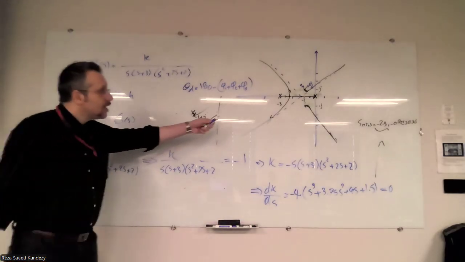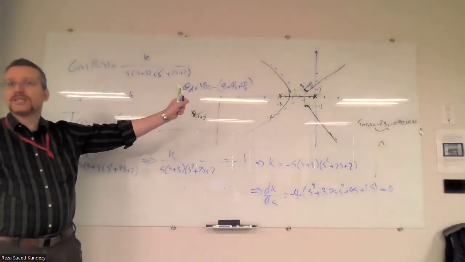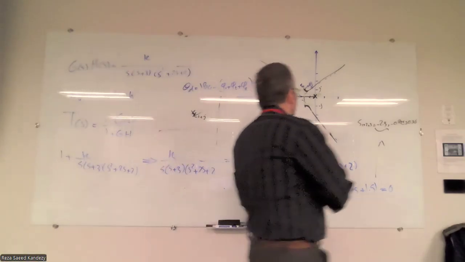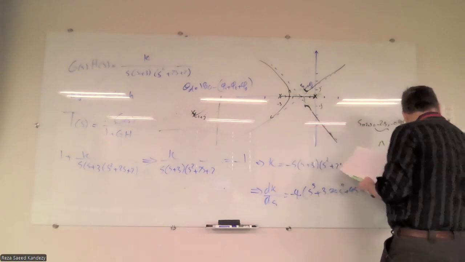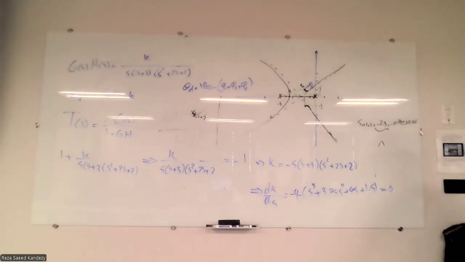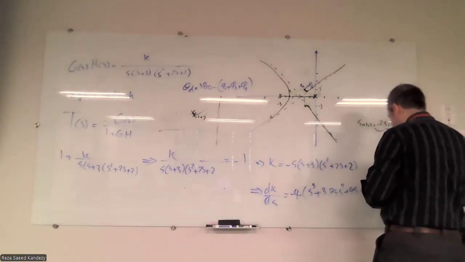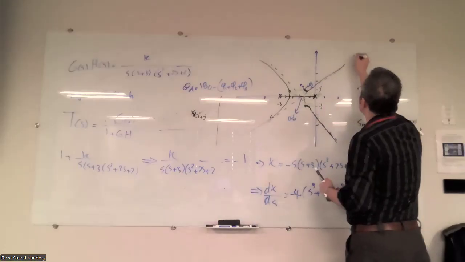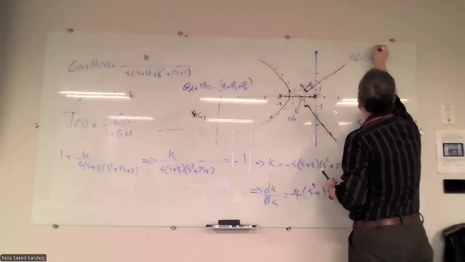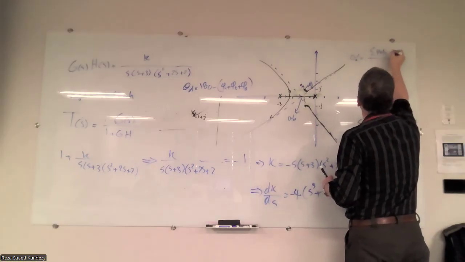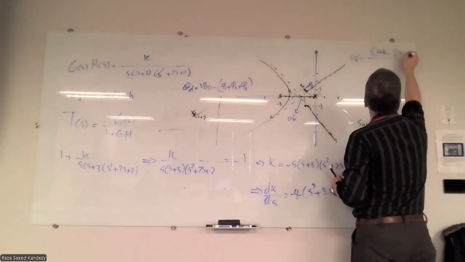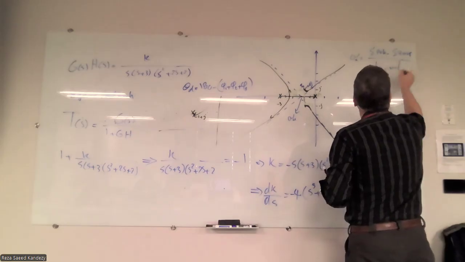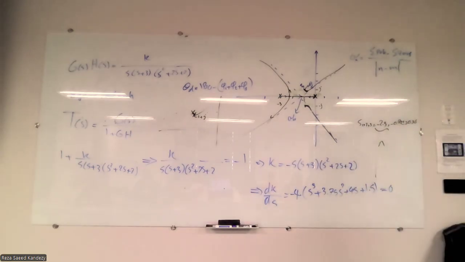One is where the asymptote lines cross the real axis, which the formula was, let's say, this point, we call it delta A. The delta A was the summation of the poles minus the summation of the zeros, divided by the number of the poles minus the number of the zeros.